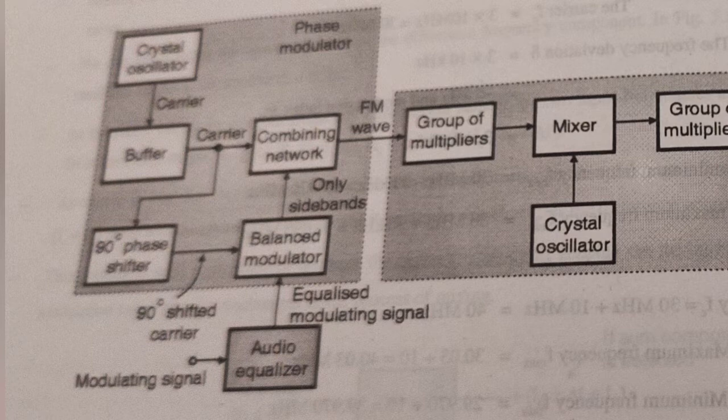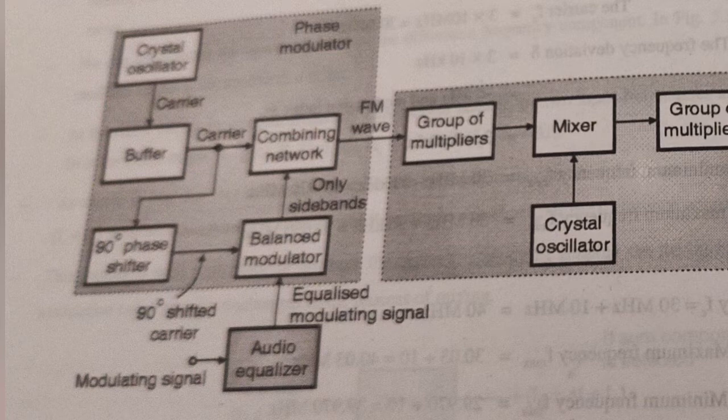The modulating signal is then applied to the balanced modulator. The balanced modulator produces two sidebands, that is USB and LSB, upper sideband and lower sideband, such that their resultant is 90-degree phase shifted with respect to the unmodulated carrier.